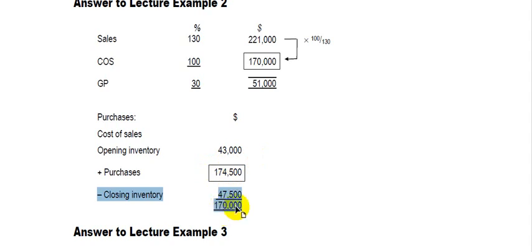So we have to work backwards. When you're working backwards, you do the opposite of what you do when you're coming down. The opening inventory is added to the purchases, then the closing inventory is subtracted to get the cost of sales. So to work backwards to the purchases, you add the closing inventory and subtract the opening inventory. That's how you get your purchases of 174,500. Is that clear?